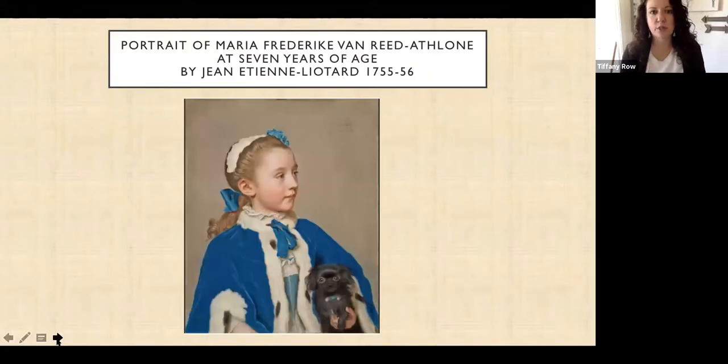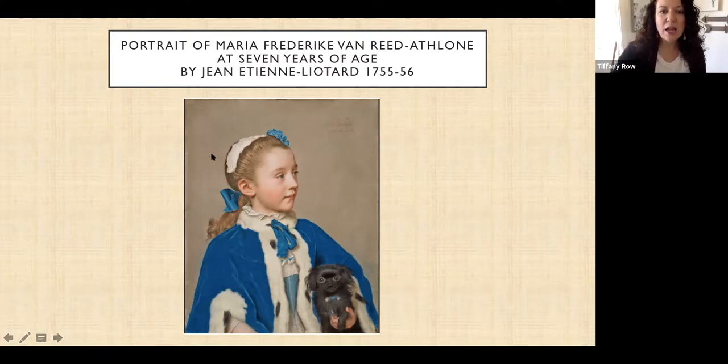So here is the portrait. Portrait of Maria Frederique at 7 years of age by Leotard, 1755 to 56. A lot of really cool things that you can just look at and notice in this portrait. It's really beautiful.